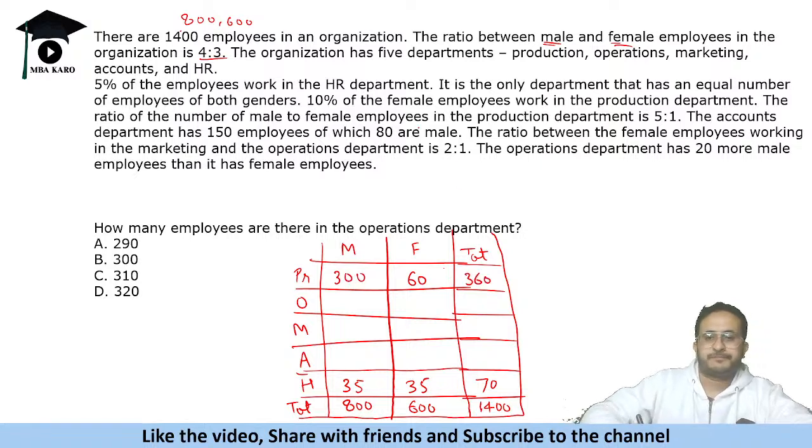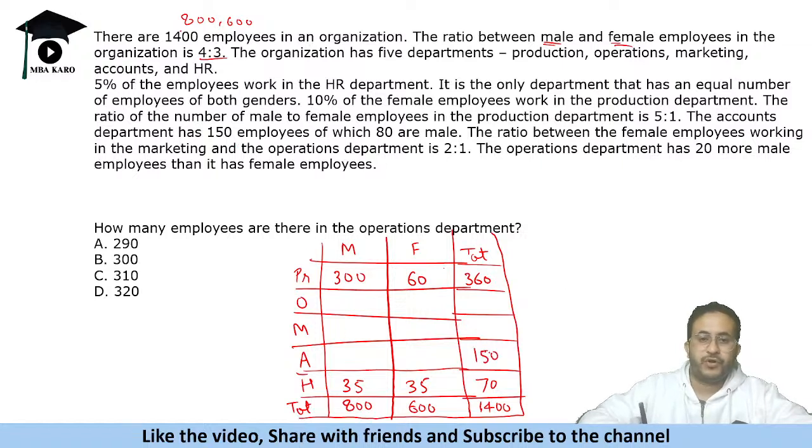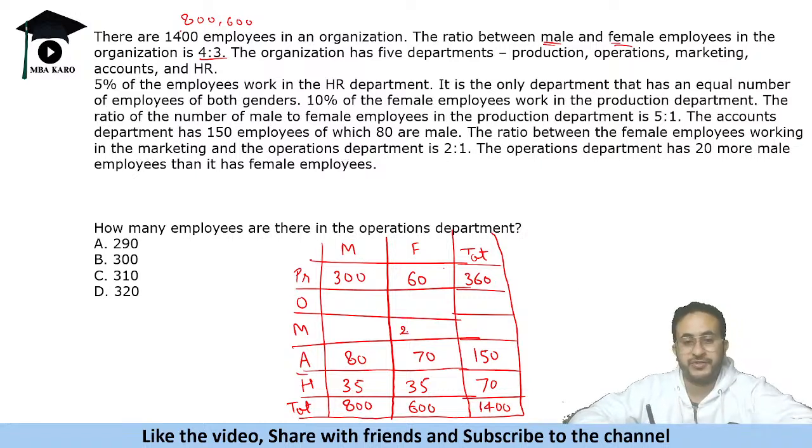So this is done. The accounts department has 150 employees, of which 80 are male. So 80 male and 70 female here. Right. Next is the ratio between the female employees working in the marketing and the operations department is 2:1. So marketing to operations is 2:1. Okay, so we can calculate it. Total is 600.